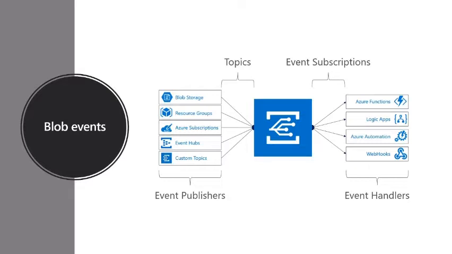You can trigger an Azure function which just resizes your image, and it can be done automatically. So once one of your users uploads an image, it will be automatically transformed to any smaller size you want. So that's automation and a good one.